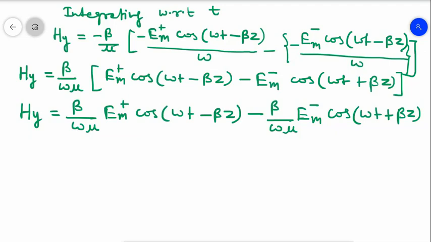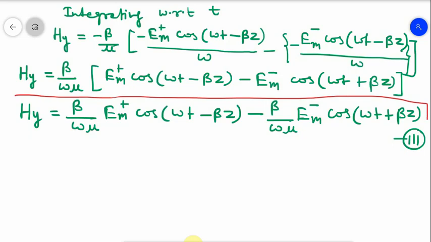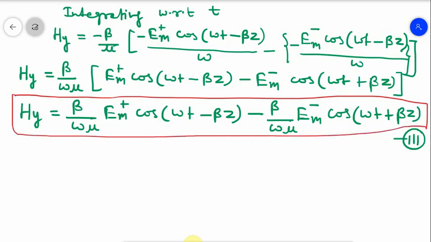Okay, so this one is your equation number 3. This is an important relation also, so I should keep it in a box. And the unit of H is amps per meter.